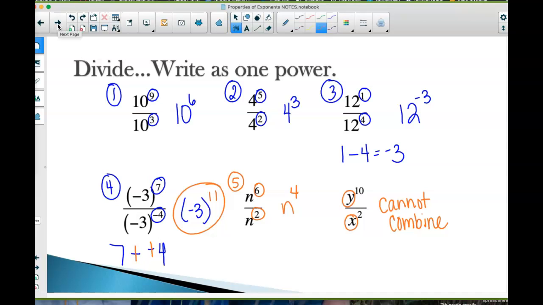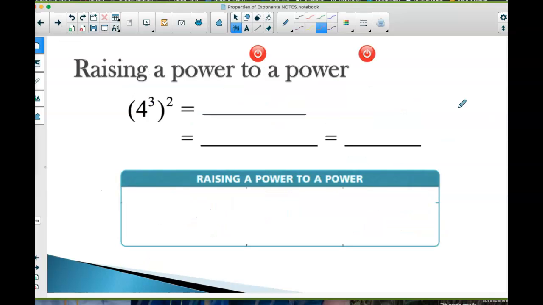Okay, the last rule is raising a power to a power. You can write this in your notes.